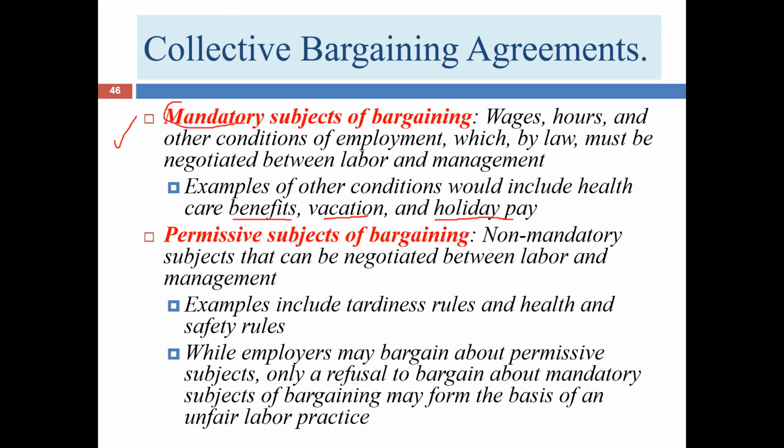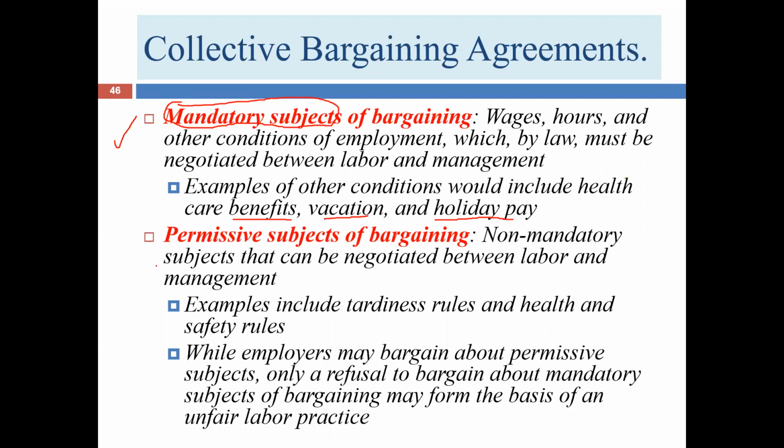An employer can't say, well, we don't want to negotiate about wages. You're not negotiating in good faith unless you're negotiating about wages. The employer doesn't have to change its position. It can say this is the wage, this is where we're staying, but they have to listen to the union. They have to explain how they came to that number, and there needs to be that process happen.